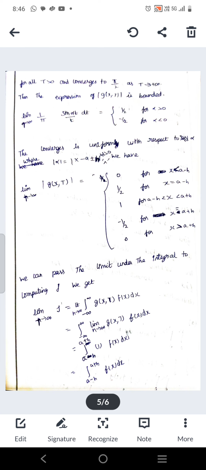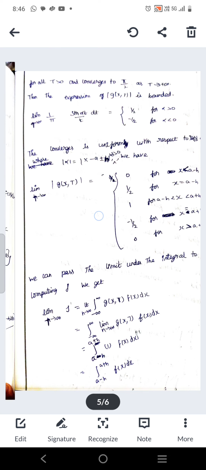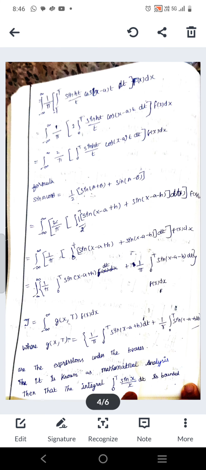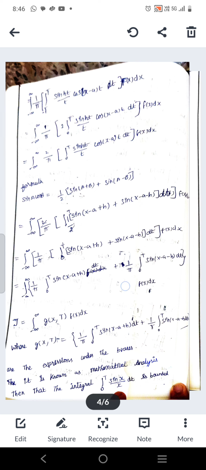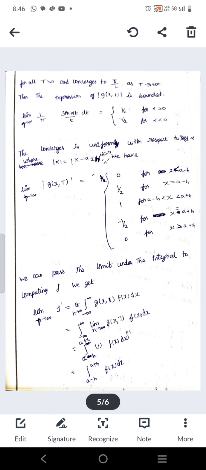So taking modulus we get alpha value in terms like x minus a plus h and minus h also. So we get plus or minus h, right? So we say that alpha is equal to x minus a plus or minus h. When my delta is greater than 0, we have this term, right?